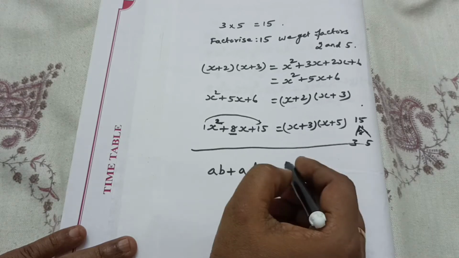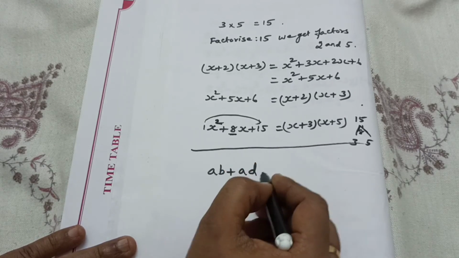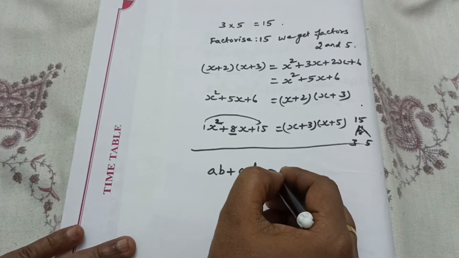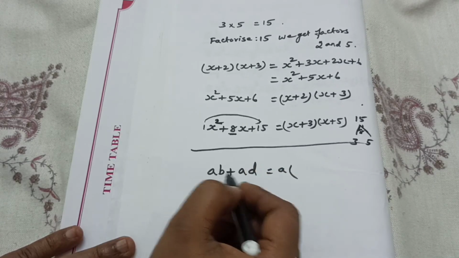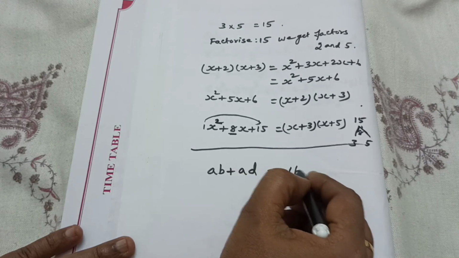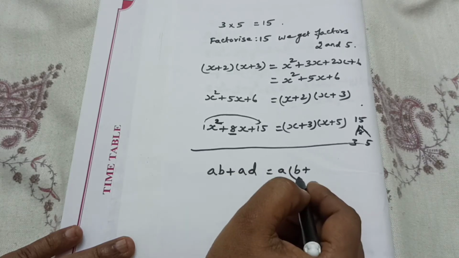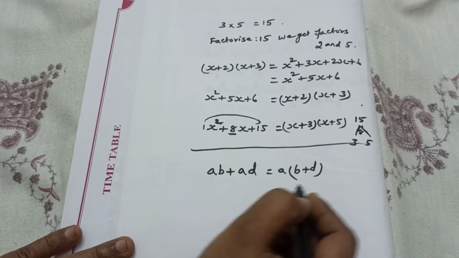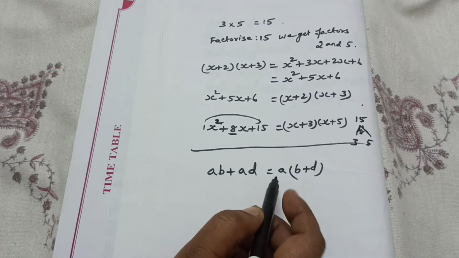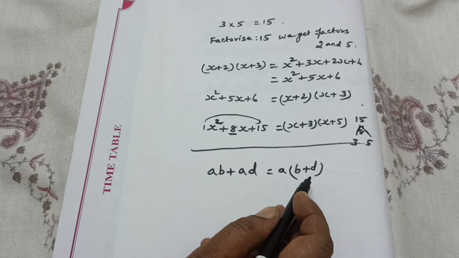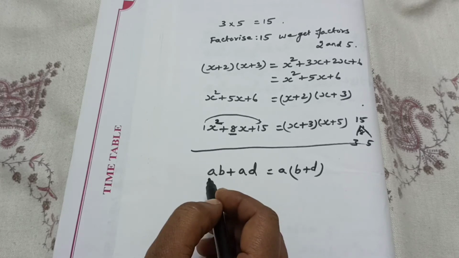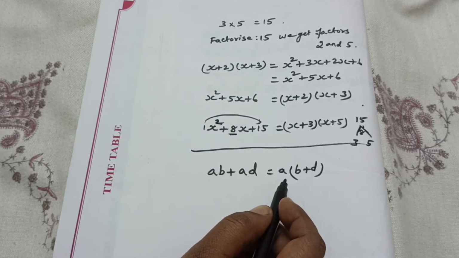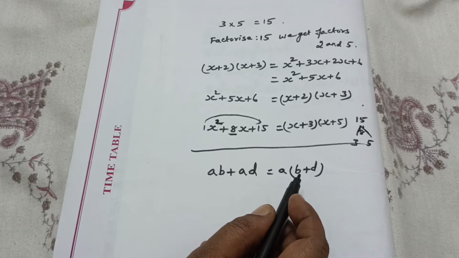Which is common here? A is common. Remaining is b, plus d, with a already taken outside. This is the factorized form. Any doubt? This is one method: the common factor we take outside and then find the factors.